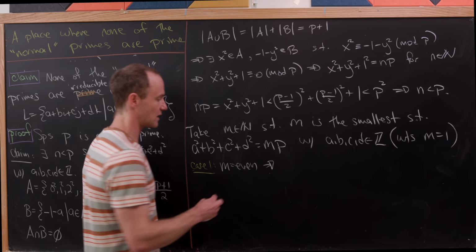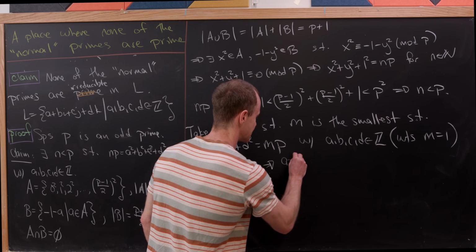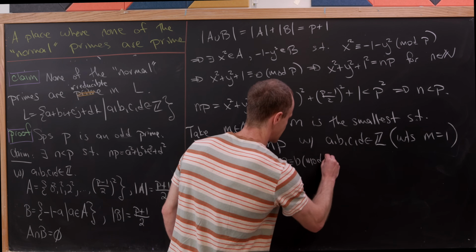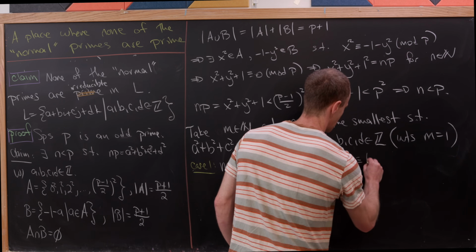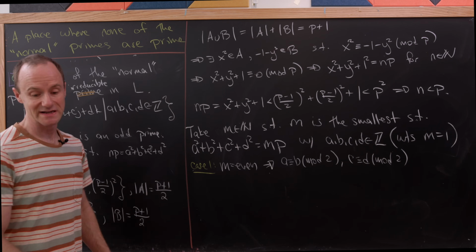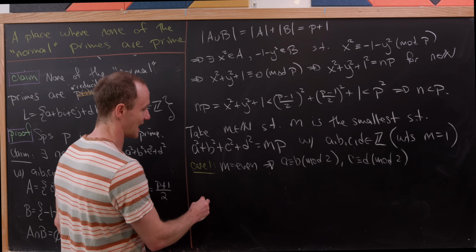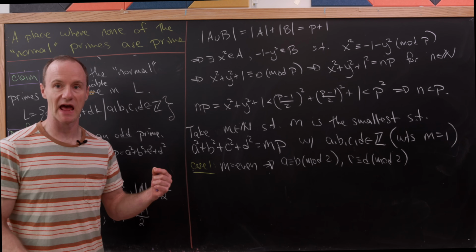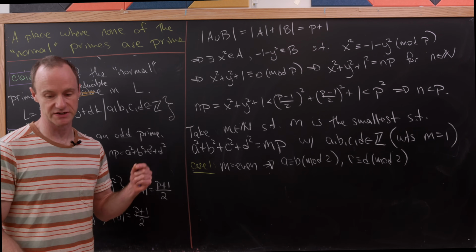So just putting that all together, we have a is congruent to b mod 2 and c is congruent to d mod 2. But what does that mean? That means that (a minus b) over 2 and (a plus b) over 2 are integers.